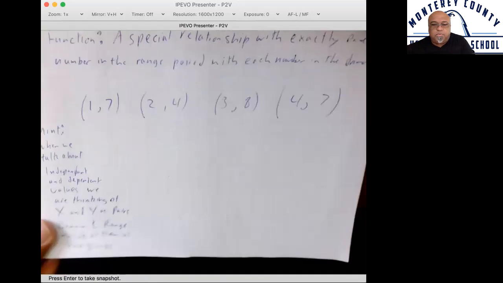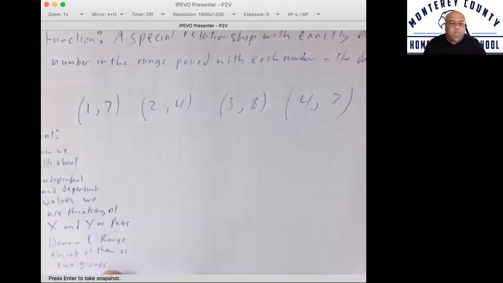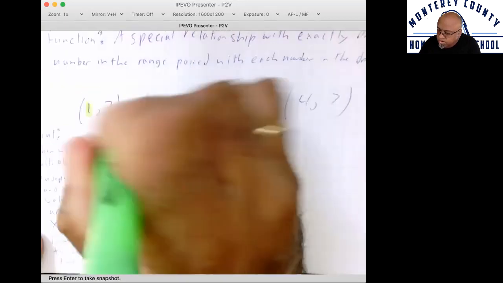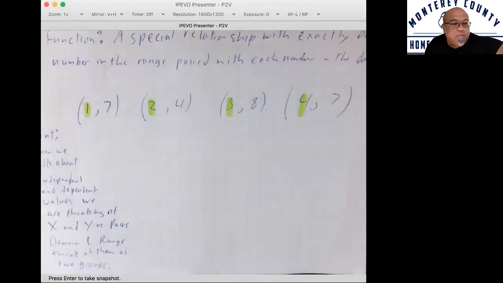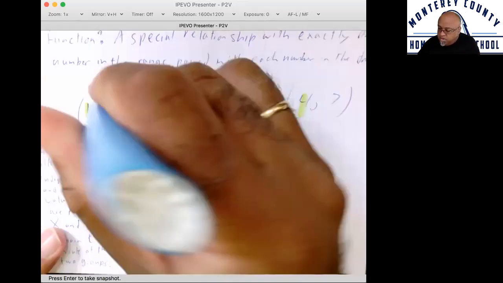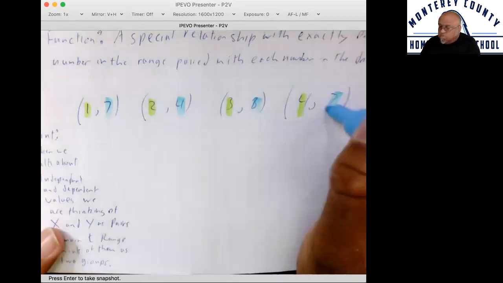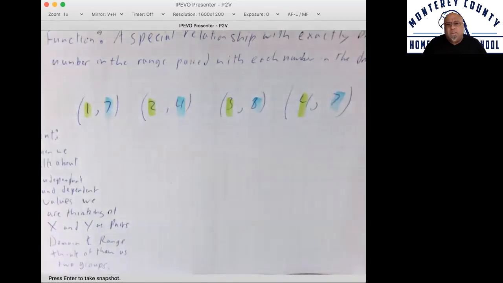But when we use the terms domain and range, we're thinking of them as groups, okay? So in that sense, here's my domain, which are one value, and here is my range, which is another value. Now again, we're talking about the same things. We're talking about x and y, we're talking about ordered pairs, but the difference is when we talk about domain and range, we're focused more on them as groups than we are as pairs.